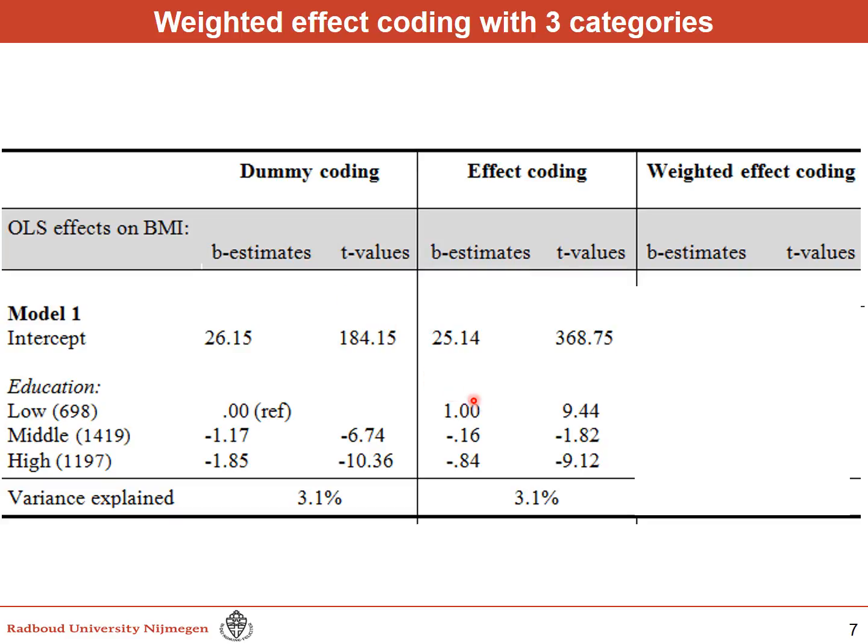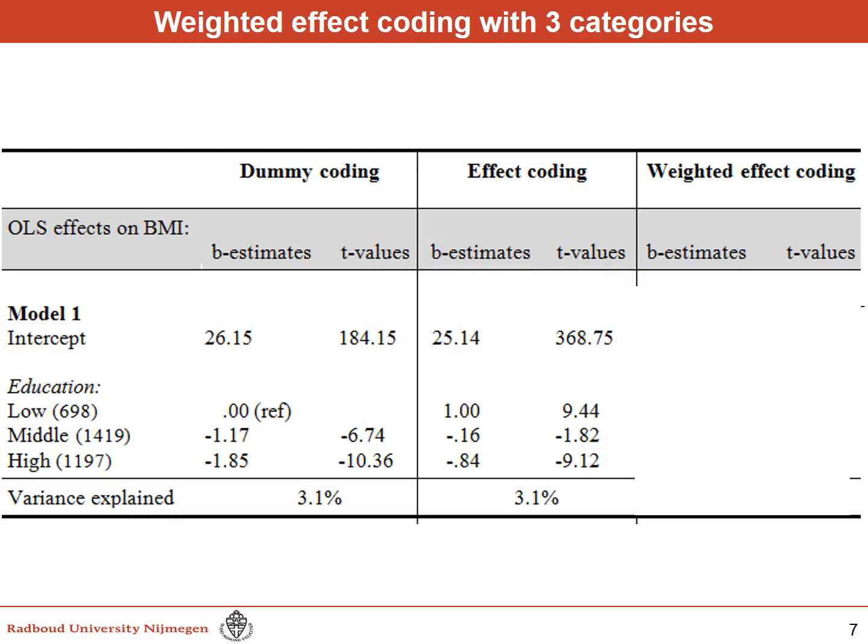So if you take the low educated, they are one body mass index point above 25.14, and the middle educated are 0.16 below that grand mean, and we have minus 0.84 for the highly educated, and they also have a minus sign, which means that they are also lower on average on the body mass index scale. Please notice that if you add these three estimates, you will end up with a number equal to 0.